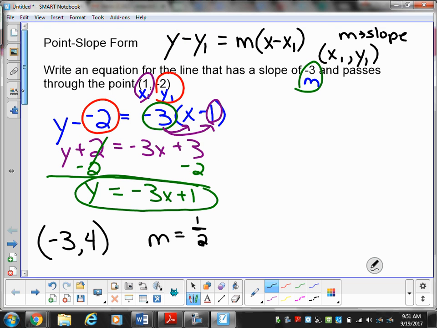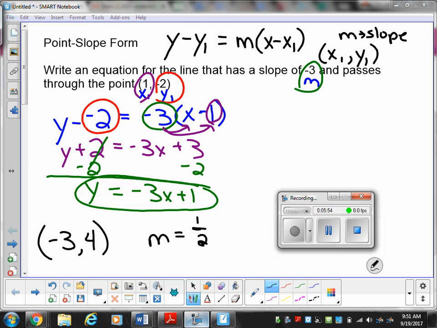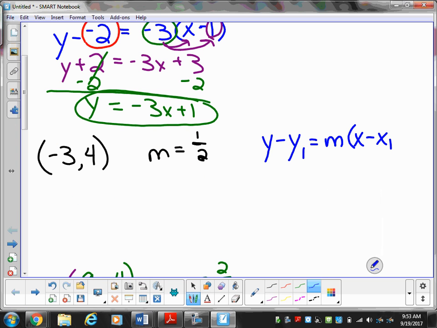I'm gonna go back up so you can have that point slope form up there. Okay. On this one, the point is -3, 4.